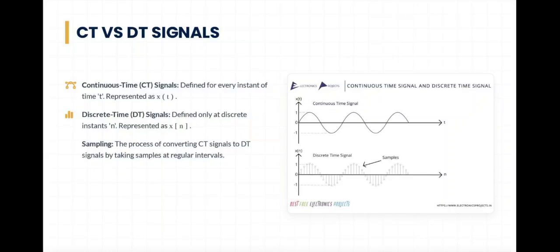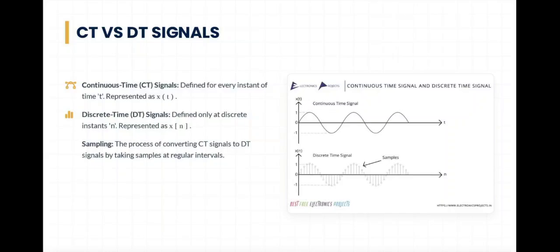Whereas a discrete time signal, represented as x[n], is defined only at specific time instants. In the lower graph, the signal appears as individual samples shown by vertical lines. Between two samples, the signal has no value. Discrete time signals are mainly used in digital systems and signal processing.